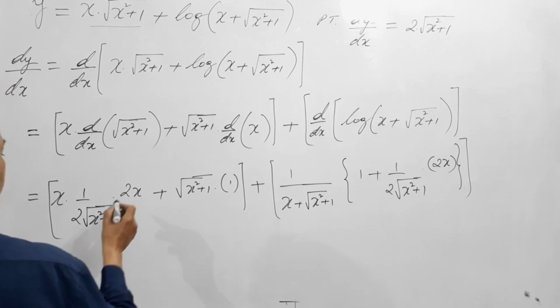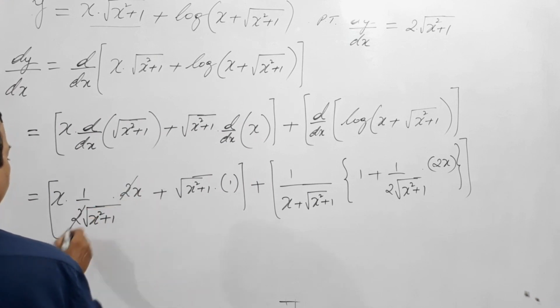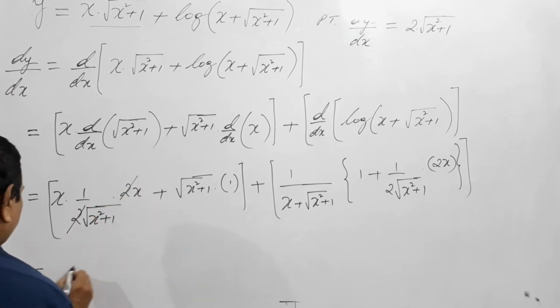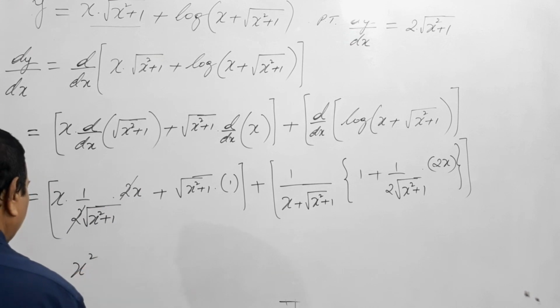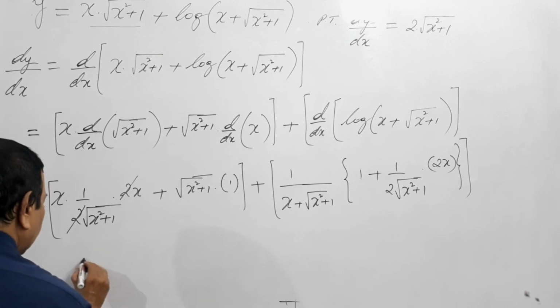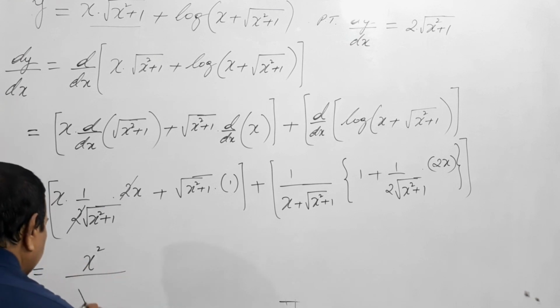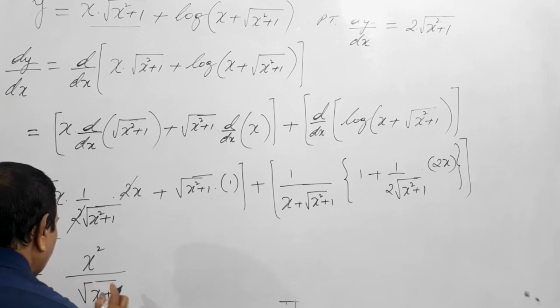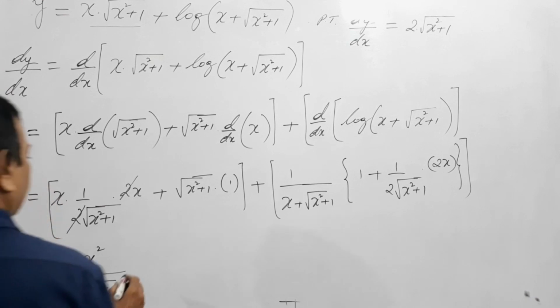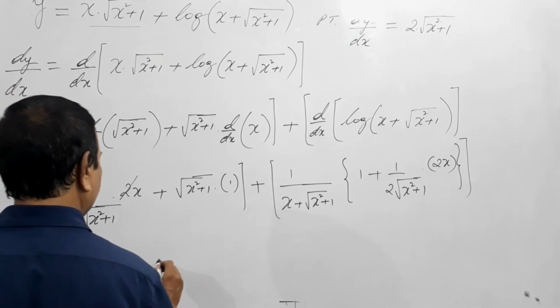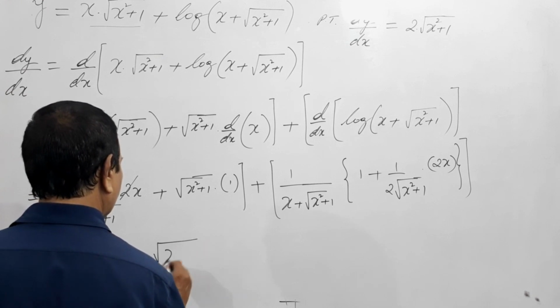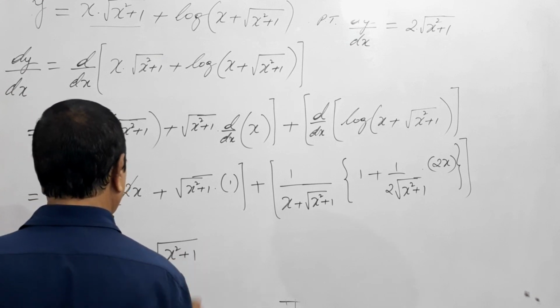So here this 2 cancels, and this becomes x square by under the root x square plus 1 plus under the root x square plus 1.